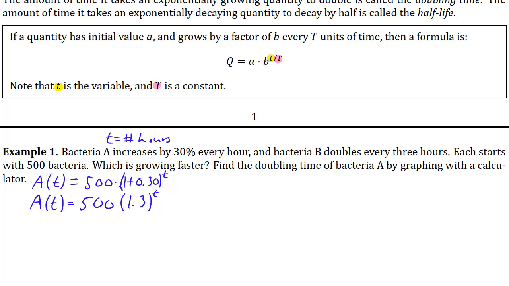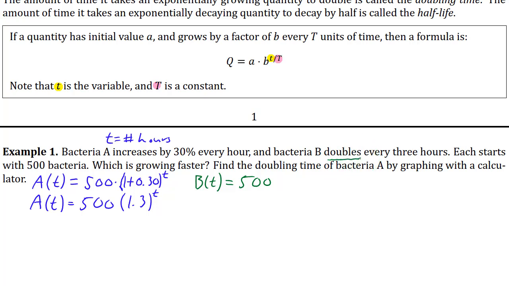How can we get B of T? Let's see. It's also starting at 500. But this one is doubling every 3 hours. Doubling every 3 hours means growing by a factor of 2.